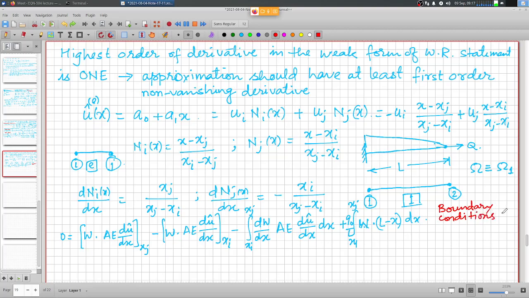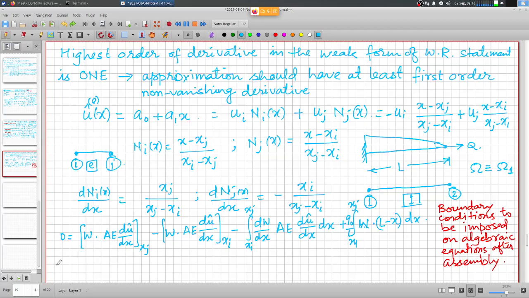Boundary conditions are to be imposed on the algebraic equations after assembly. In this case, there is no assembly because we are only looking at one element. So one element will take care of the entire domain.